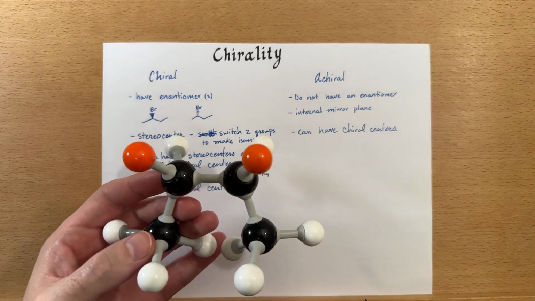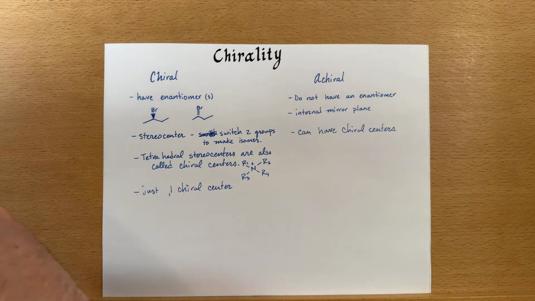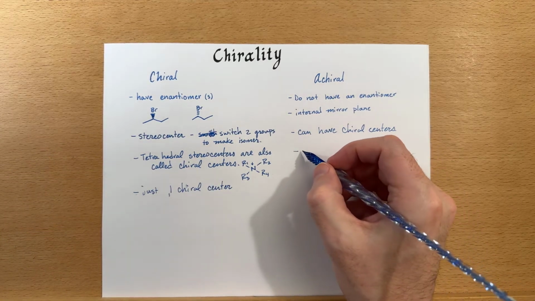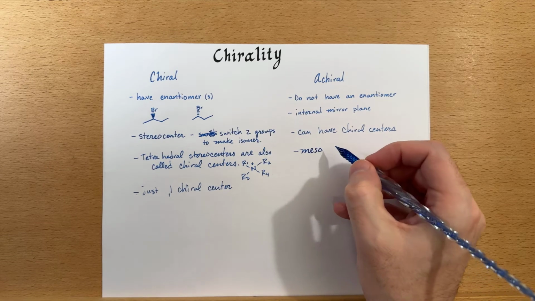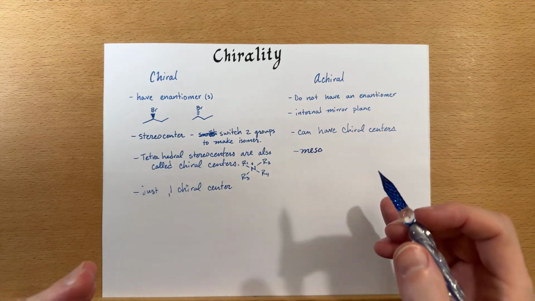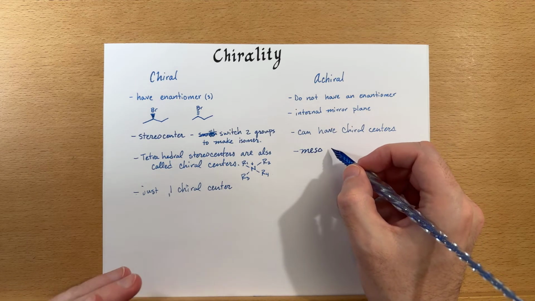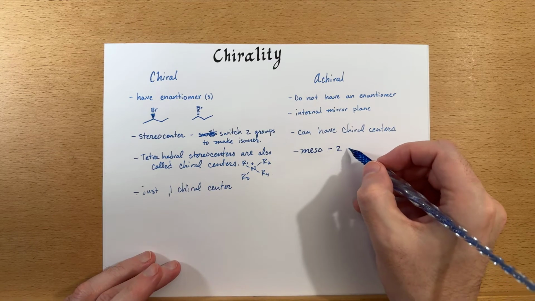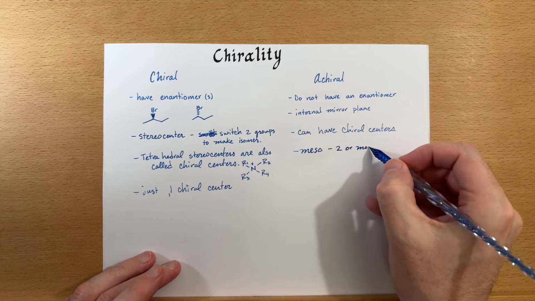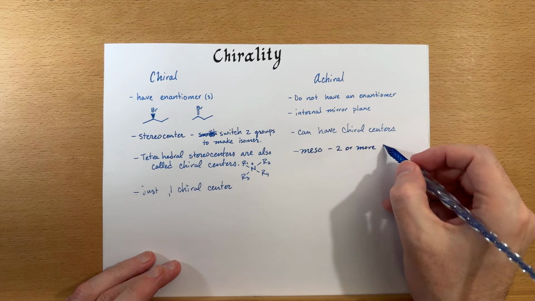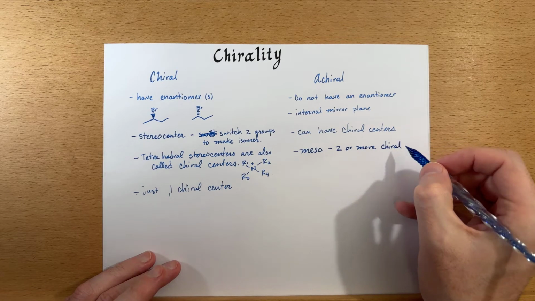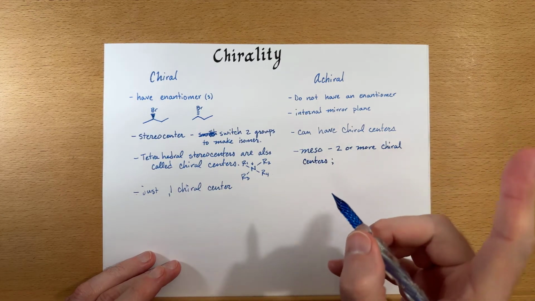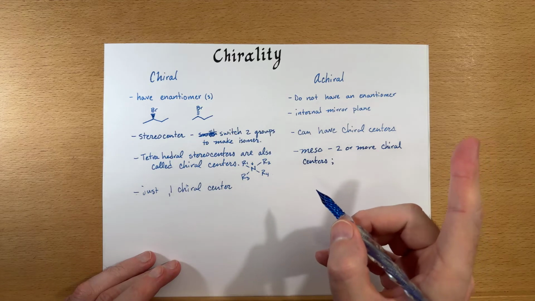These kinds of molecules have a special designation called meso. A compound is meso if there are 2 or more chiral centers but there is a mirror plane of symmetry.